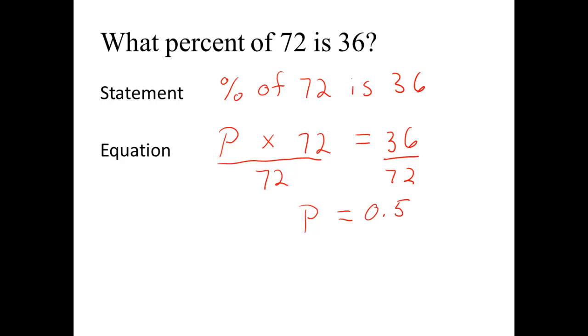In order to change a decimal into a percent, we multiply by 100. So we need to multiply by 100%. That moves the decimal point over 2 places, and we get 50%. So 50% of 72 is 36.